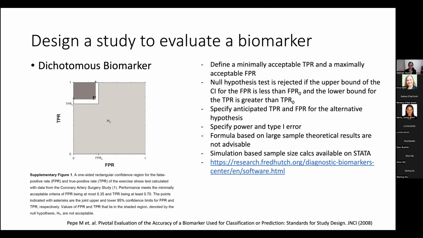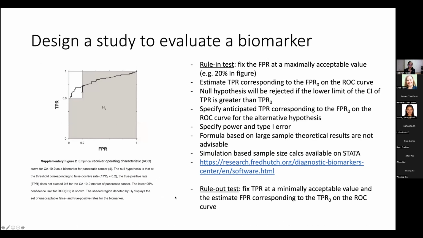So we specify power, we specify type 1 error, and we can then get a sample size calculation based on that. So with a dichotomous biomarker, we're thinking of both the true positive rate and the false positive rate, setting our thresholds for that. When we have a continuous biomarker, you can design the study based on an AUC.